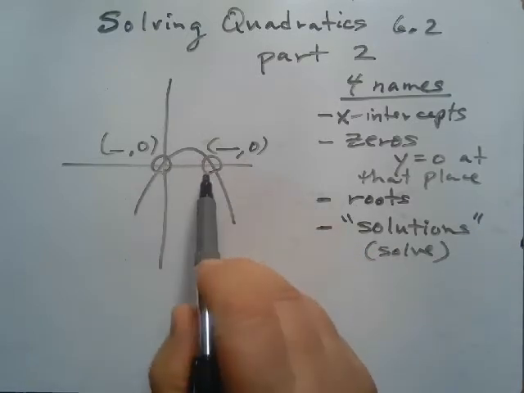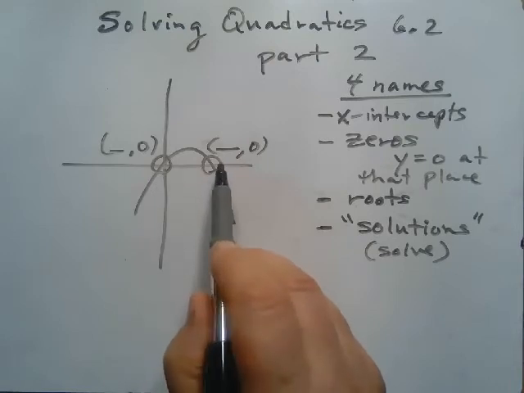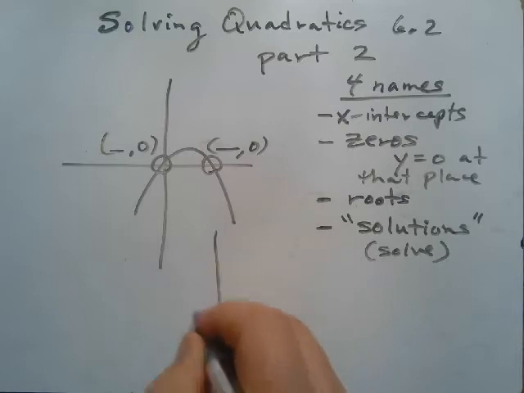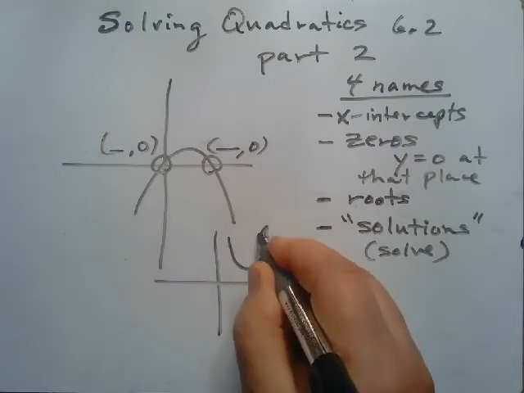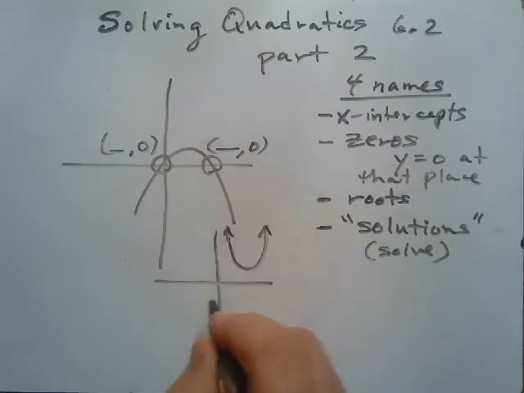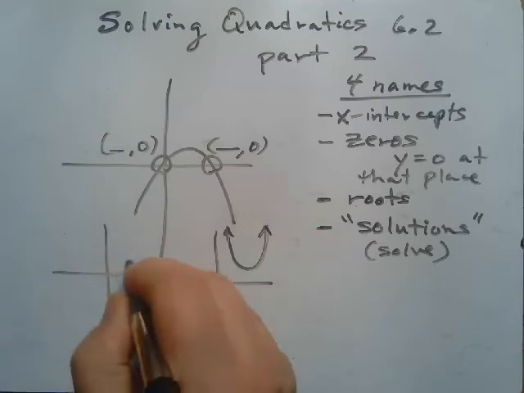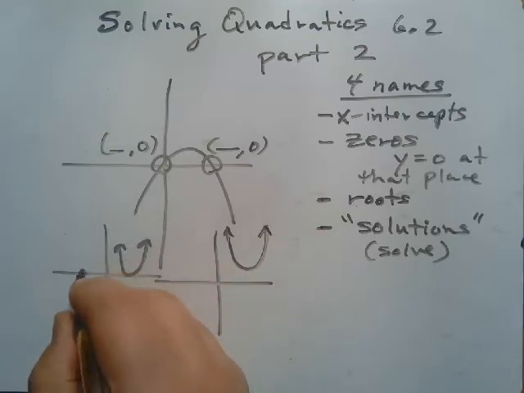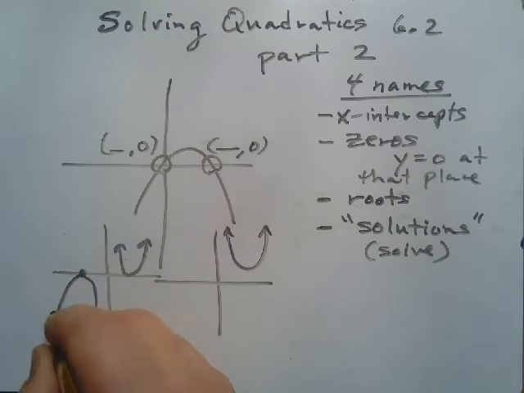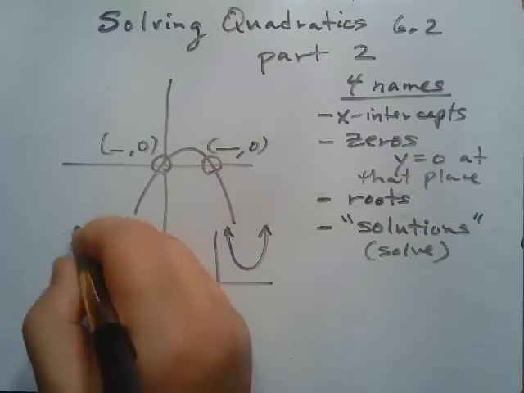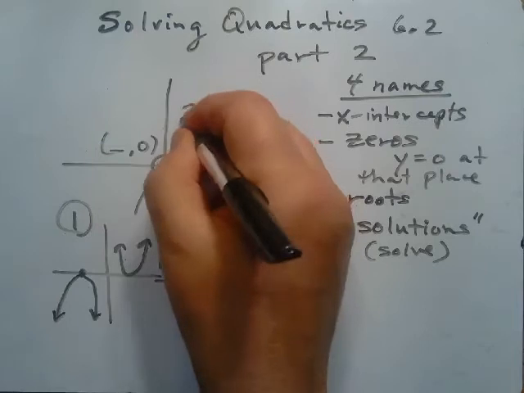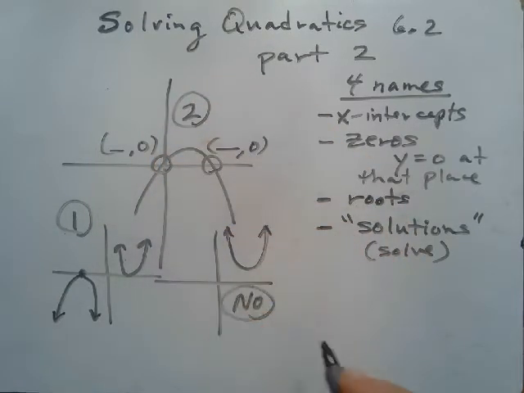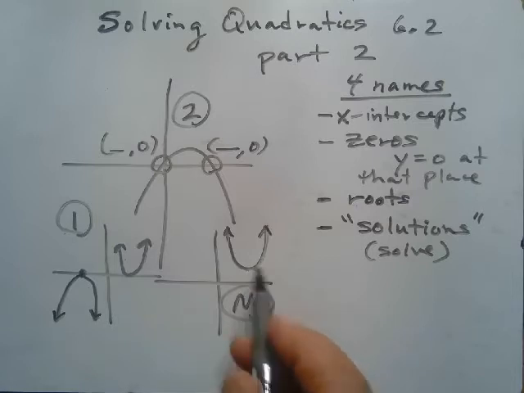Sometimes there may be 2, as we saw in the last video, sometimes there may only be 1, sometimes there may be none, because the graph doesn't actually cross the x-axis. Sometimes it sits on the x-axis, sometimes it hangs from the vertex. So this is one solution, 2 solutions, and this one would be no solutions. Okay, does not cross the x-axis.